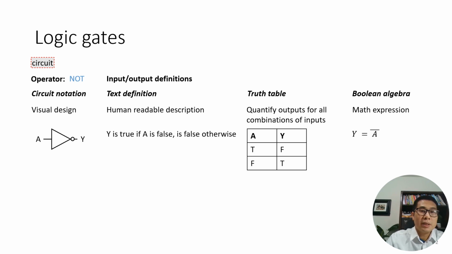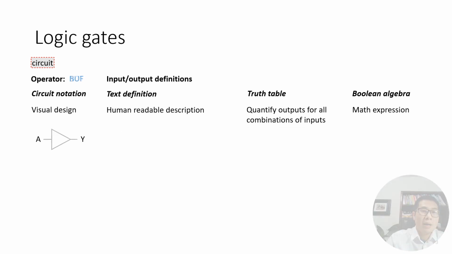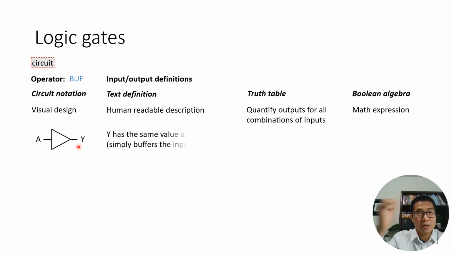Then the next one is the buffer logic gate. So it has this visual design. It's going to be like this: A, then the buffer, and then Y. And for this one, Y has the same values as A, or it simply buffers the input, you may say.